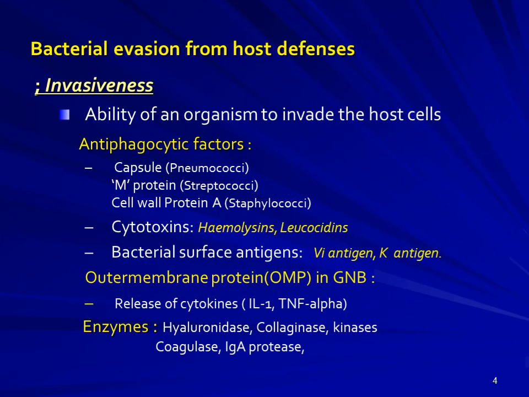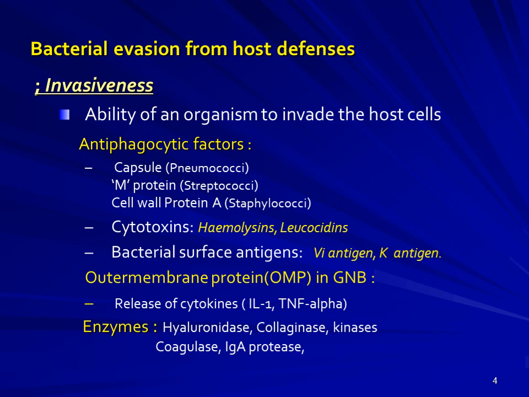The next one is invasiveness of the microbial agent, which also determines its pathogenicity. What is the meaning of invasiveness? This is nothing but the ability of an organism to invade the host cells after they get attached to the cell surface. How is it possible? There are many factors.